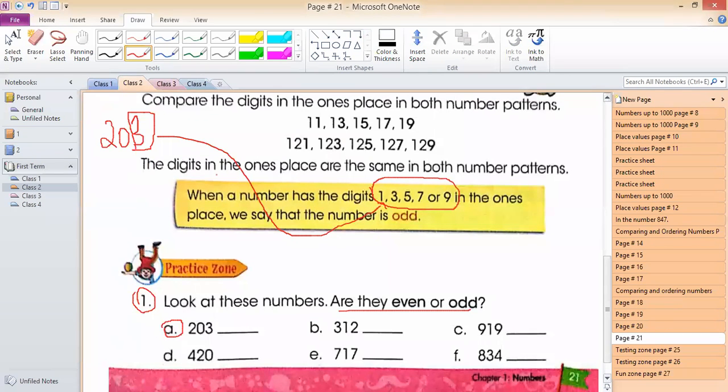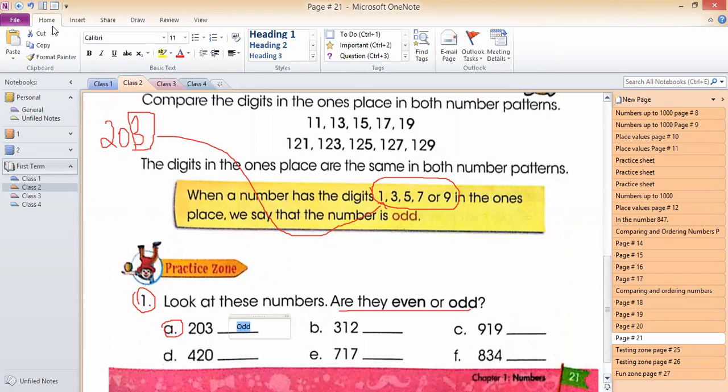Whenever the last digit is 3, 5, 7, 9 or 1, that means it is an odd number. So I will write: this is odd.